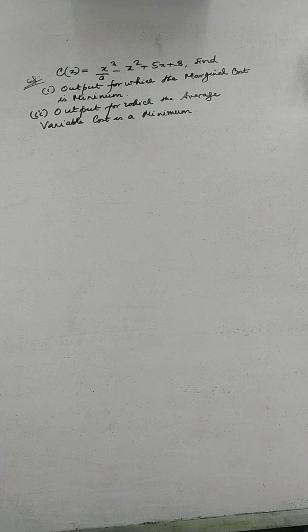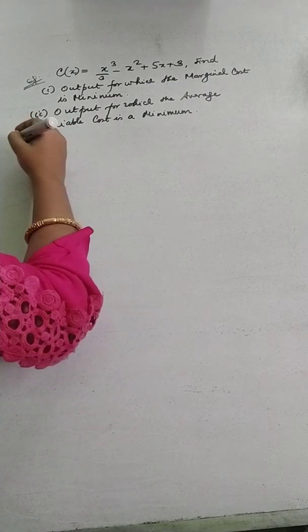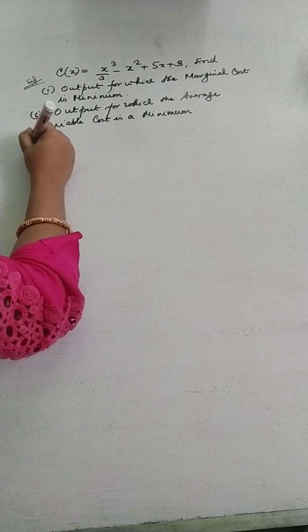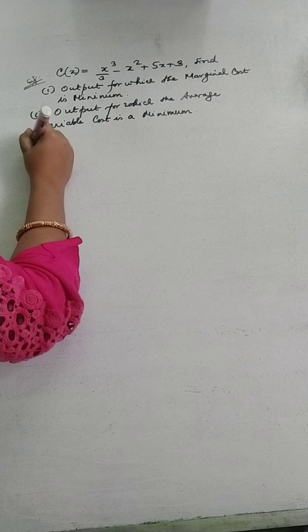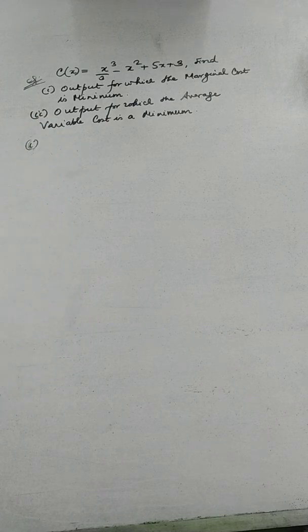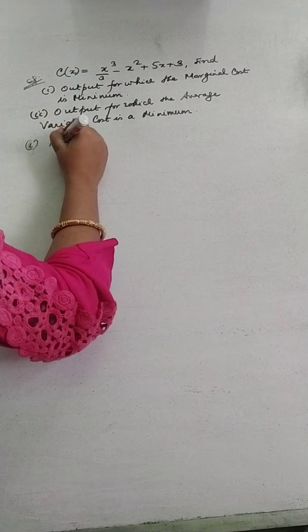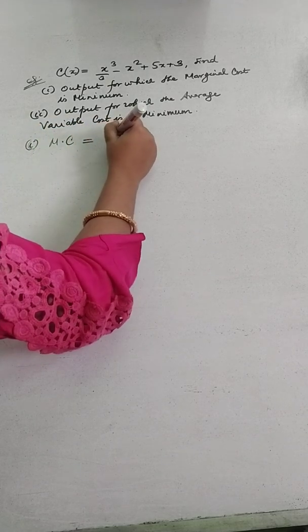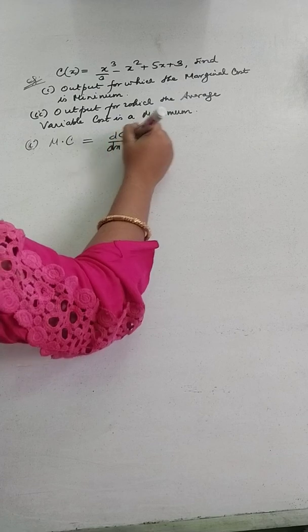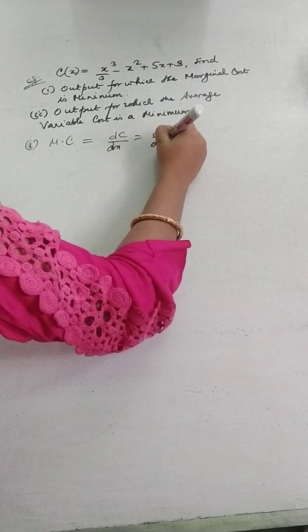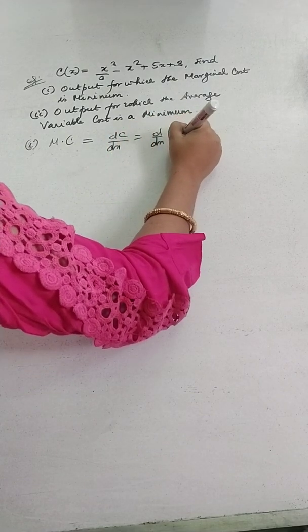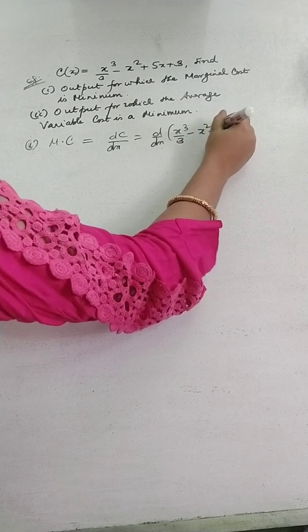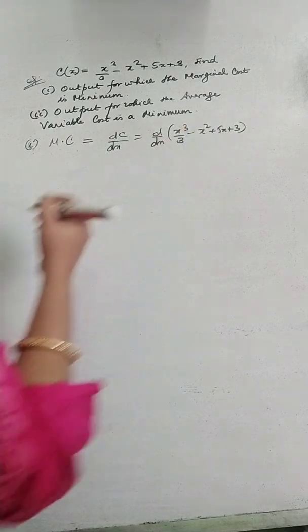First of all, we need average cost and average variable cost. So for the first subpart, we are finding out the marginal cost that is needed over there. Marginal cost, I'll write in brief, MC. It is supposed to be dC/dx, that is, d/dx of x cubed by 3 minus x squared plus 5x plus 3.